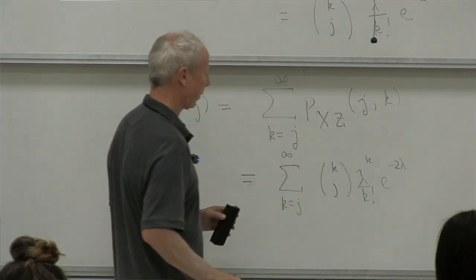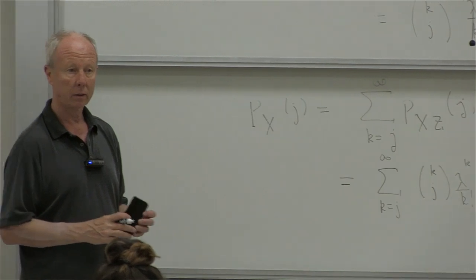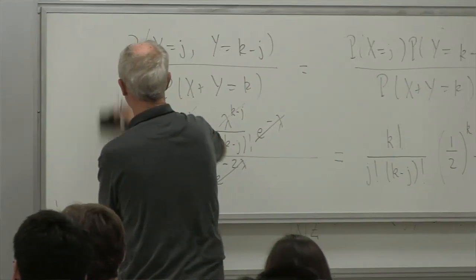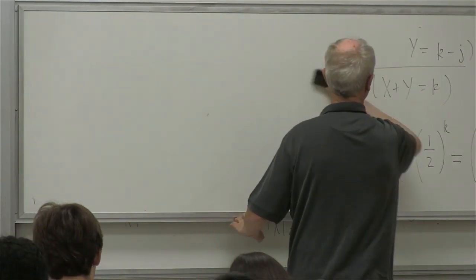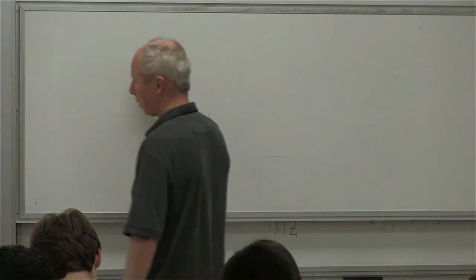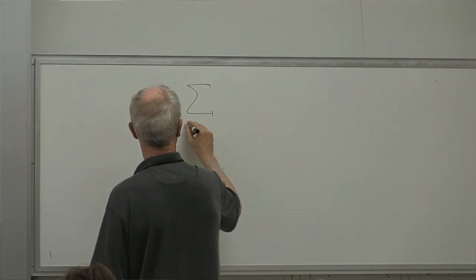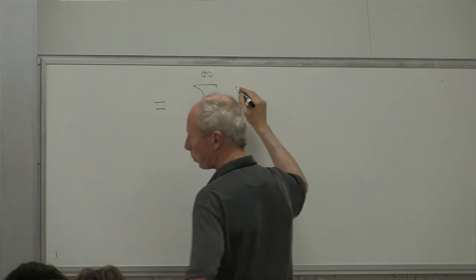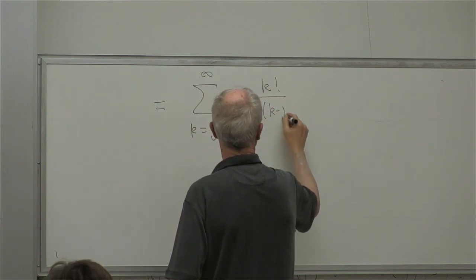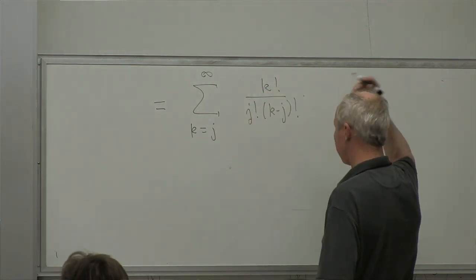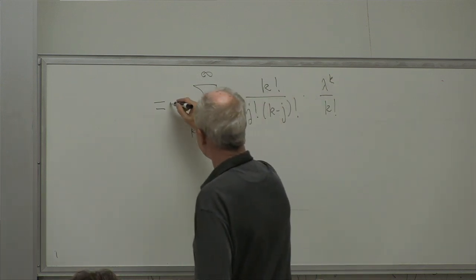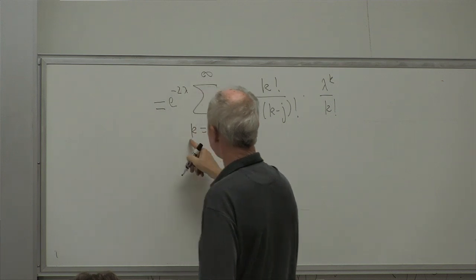Okay. k choose j is this, and we have a lambda to the k over k factorial, and then the e to the minus lambda term doesn't depend on k, which is the index of summation, so I pull it out.